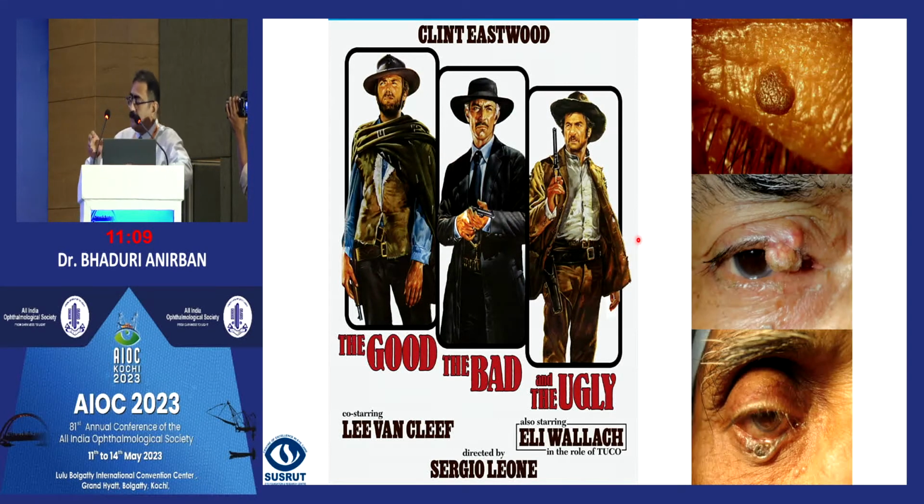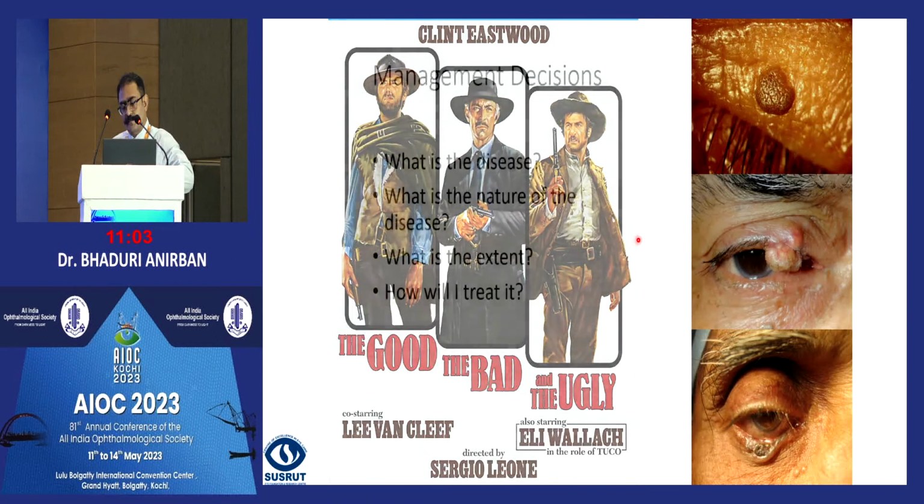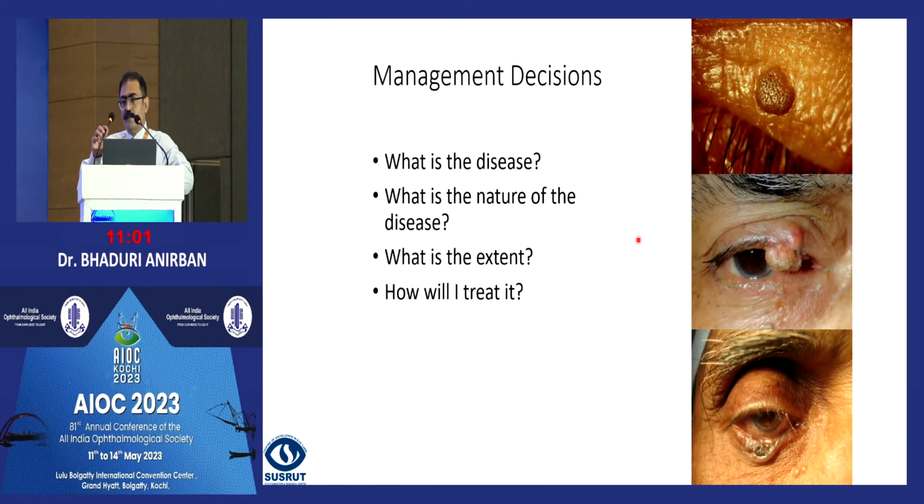So what are we actually looking at? What are we really interested in? We need to take certain management decisions, right? First of all, the most important step, of course, being what is the disease? And then, if you're not sure about what is the disease, at least what is the nature of the disease? Is it good? Is it bad? Or is it just ugly and not as bad as it sounds?